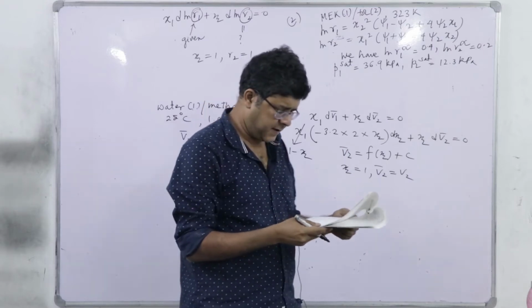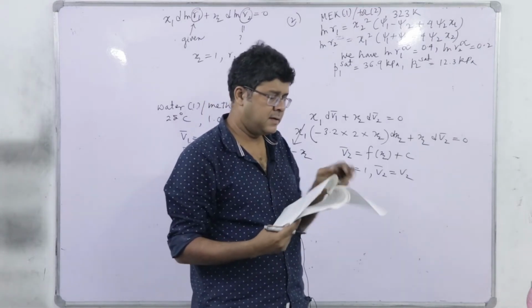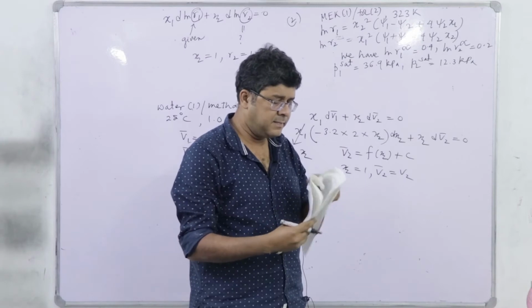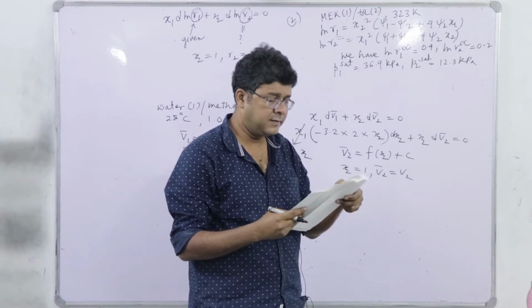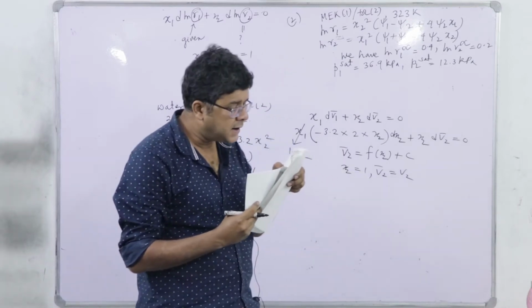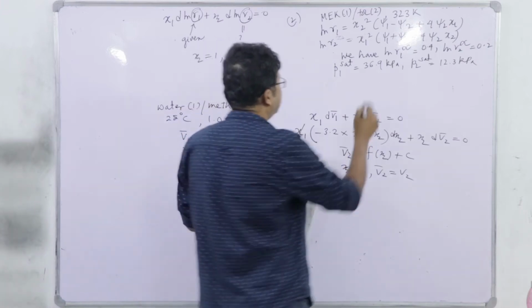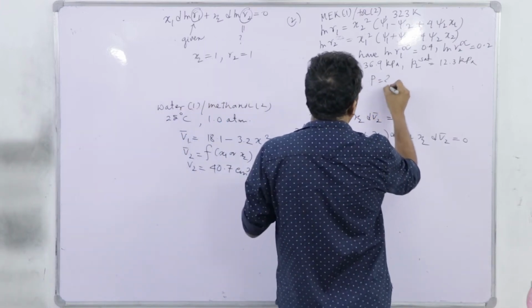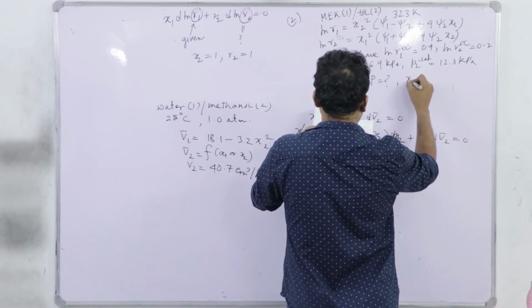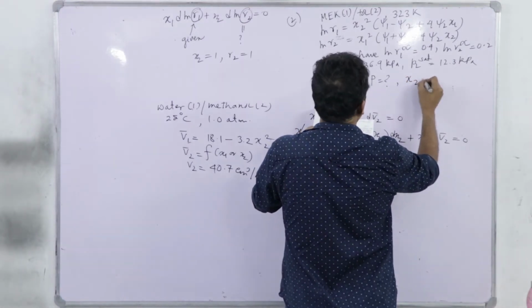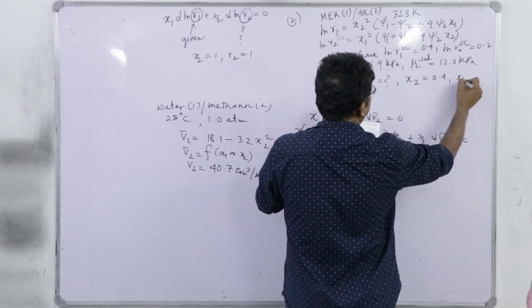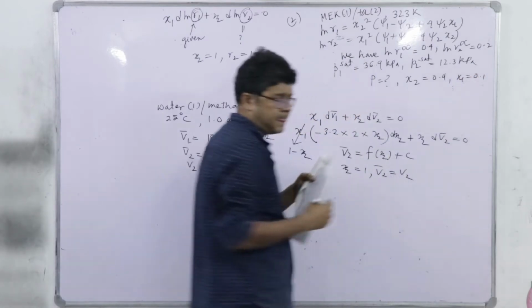Assuming the vapor phase is ideal, find the equilibrium pressure of the liquid mixture containing 90 mole% of toluene. So, P we have to solve, it's given x2 is 0.9, so x1 equal to 0.1, right.